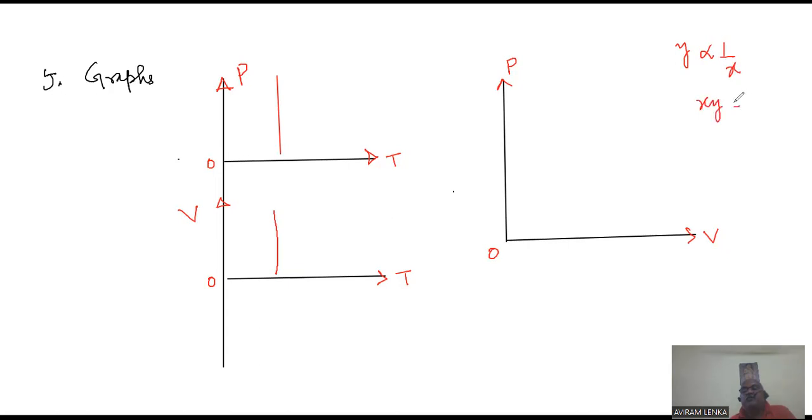These types of graphs are usually called a hyperbola. When x increases, y decreases. Whenever y increases, x decreases. So thereby the graph is like this. It is a rectangular hyperbola.